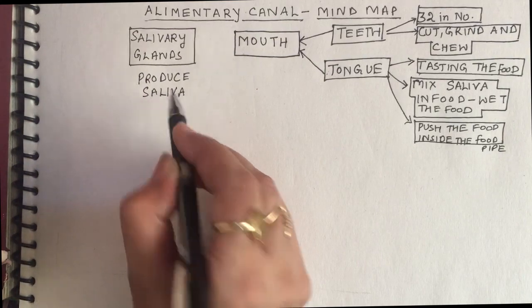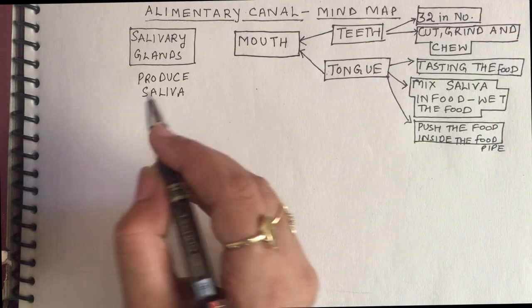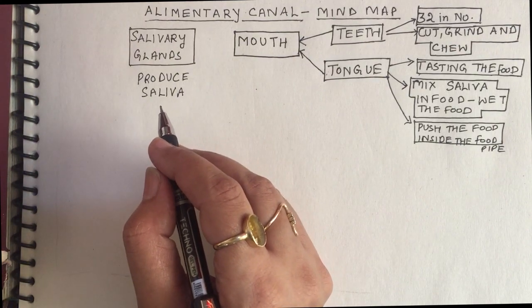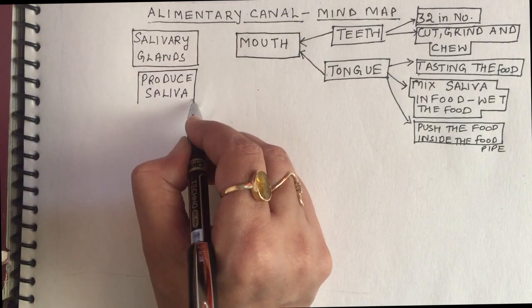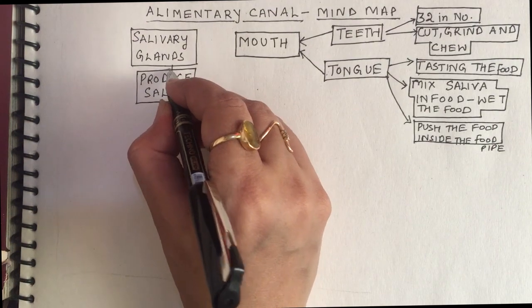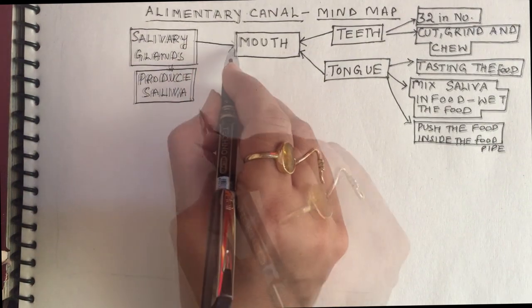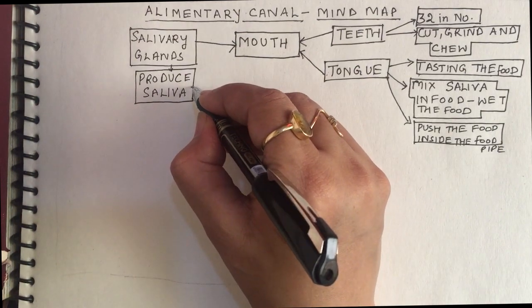Saliva first of all helps to wet the food so that it can be chewed easily by the teeth. Secondly, it also has salivary enzymes present in it which helps in changing starch into glucose.